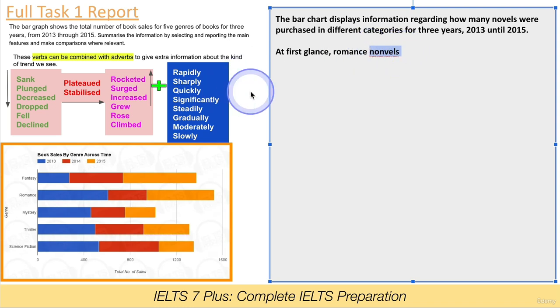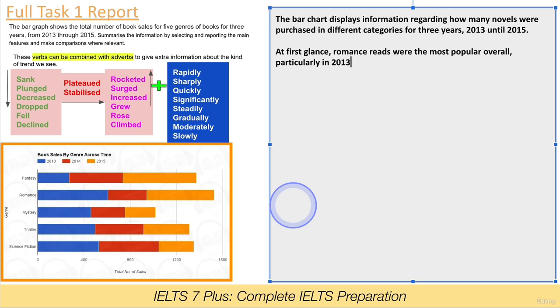Romance reads were the most popular overall, particularly in, well, 2013 looks a bit bigger, so let's say 2013. At first glance, romance reads were the most popular overall, particularly in 2013.